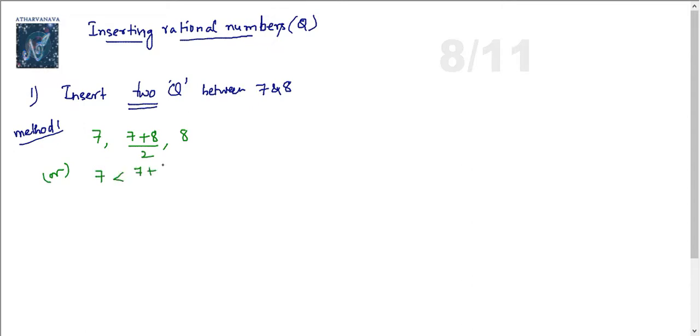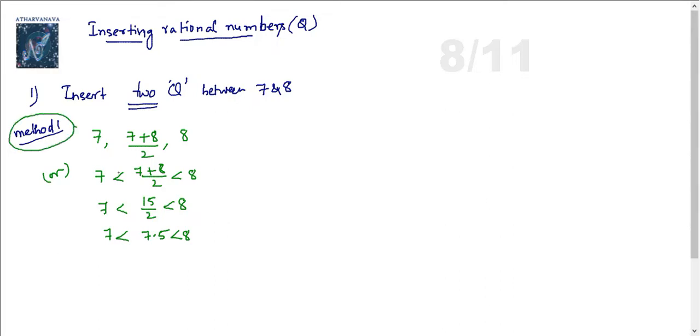But you want to take the average of those two numbers. So 7 less than 7 plus 8, which is 15, by 2 less than 8. So this definitely will be between, so 7 is less than 7.5 less than 8. This is how you can solve using method 1.